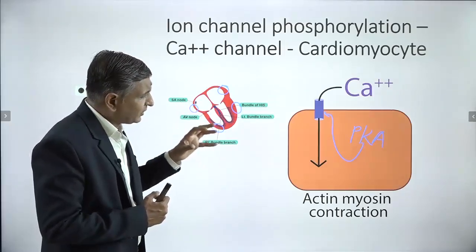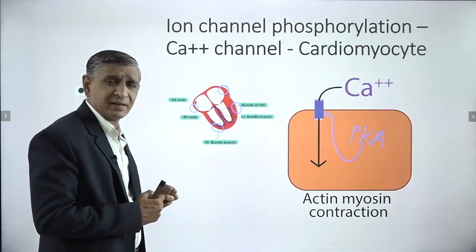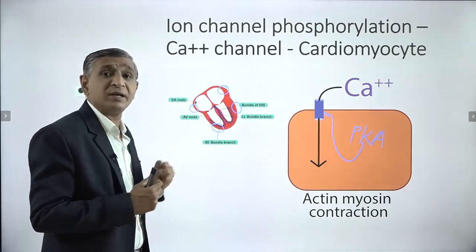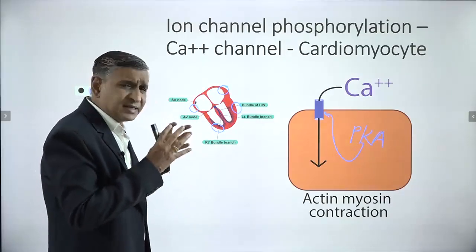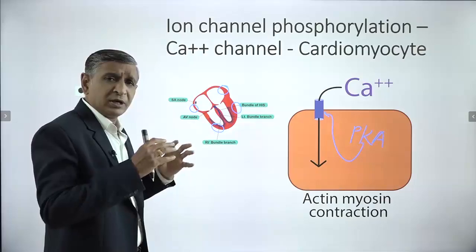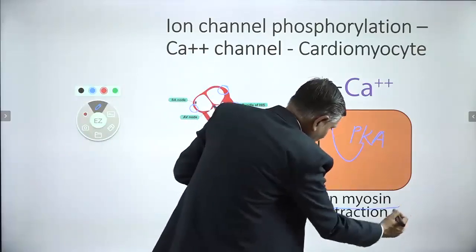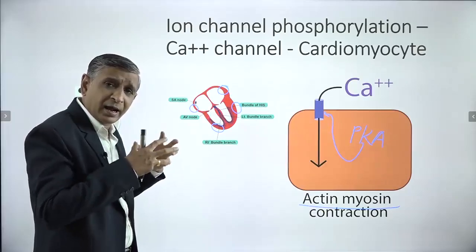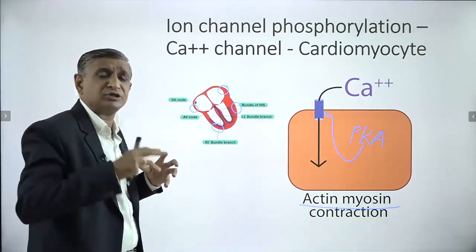And when the calcium is going to enter inside the cell, all of you will agree with me that intracellular calcium will increase. And the rise in the intracellular calcium is responsible for activation of the actin-myosin coupling and the contraction chain.